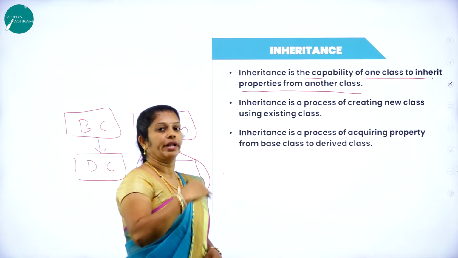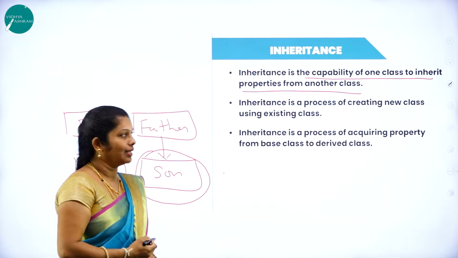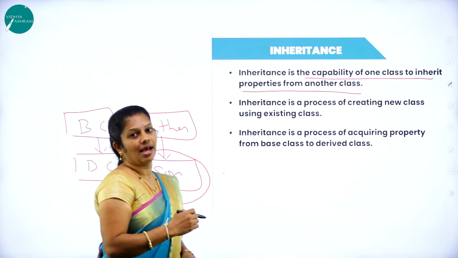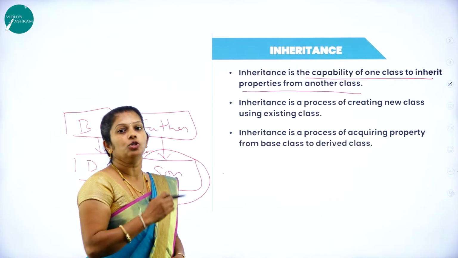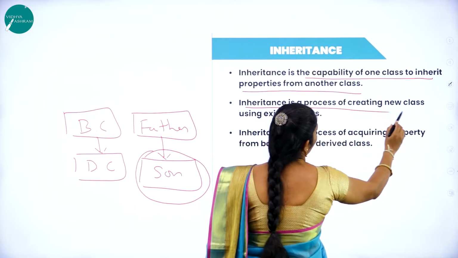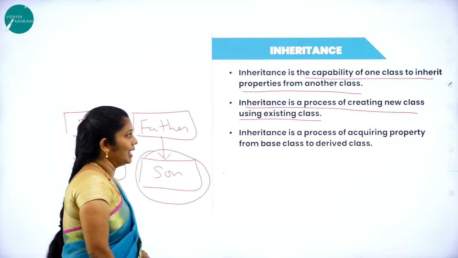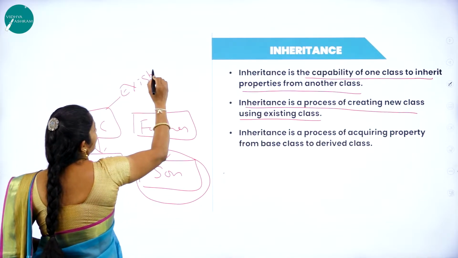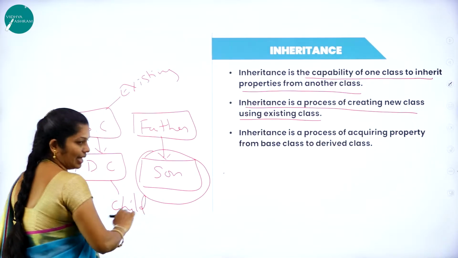Here the base class can be called parent class, or super class also. Inheritance is a process of creating a new class by using an existing class. This base class can also be called the existing class, and the derived class can be called the child class.